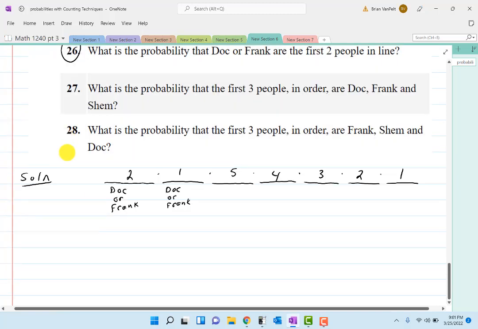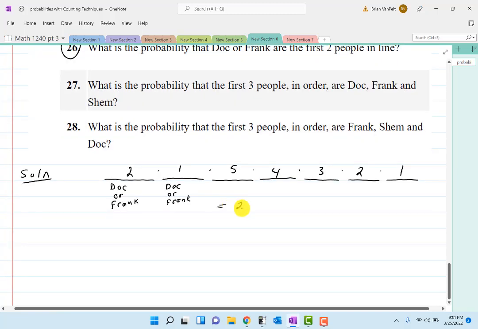So you can see that this is equal to 2 times 5 factorial. And this happens to be 240. And so my probability then, let's just use the letter P. That'll be 240 over 7 factorial.